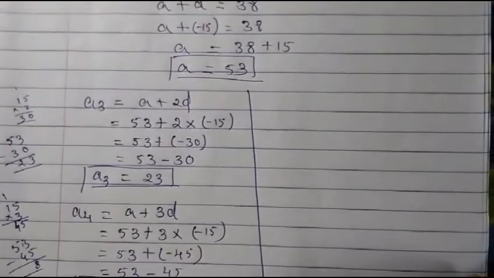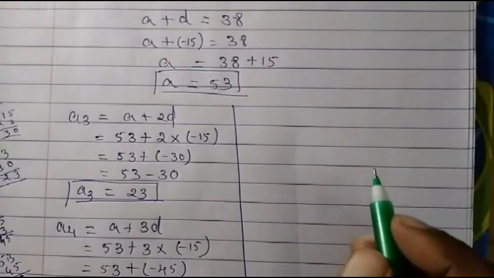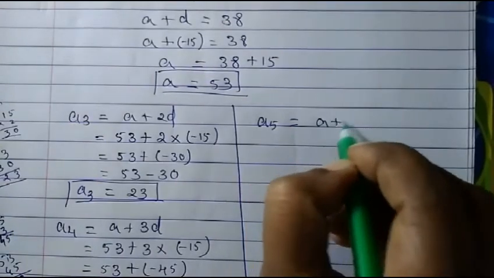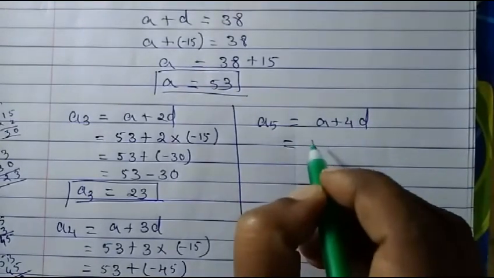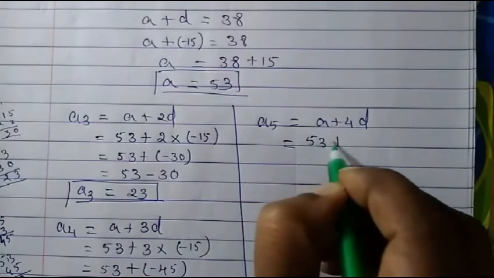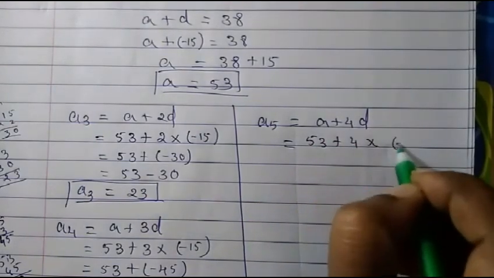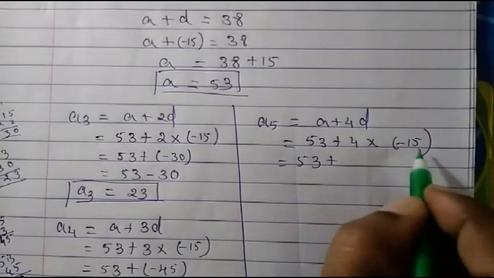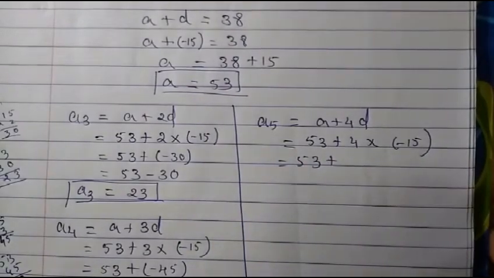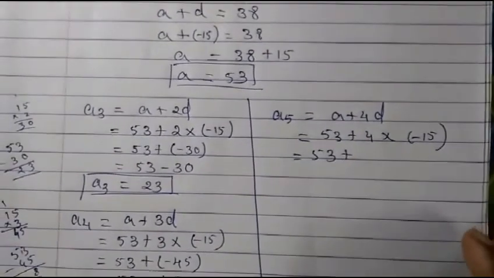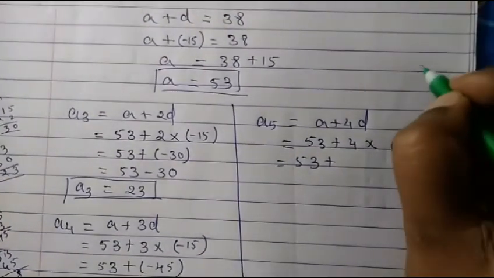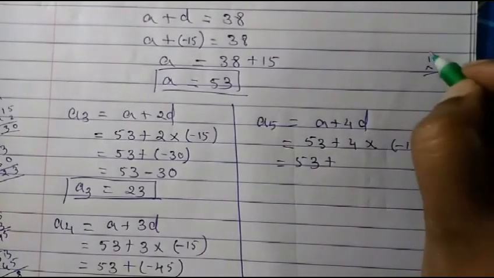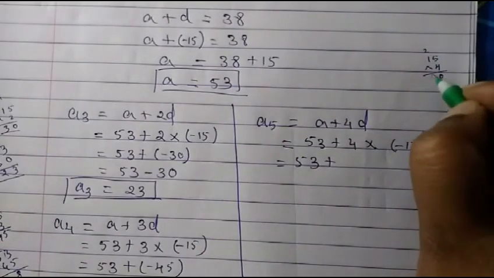Now what we have to find out is A5. So A5 is equal to A plus 4D. So A we know is 53. 4 into D we know that is minus 15. So 53 plus 4 into minus 15. 15 multiplied with 4, 4 times 15 is 60.